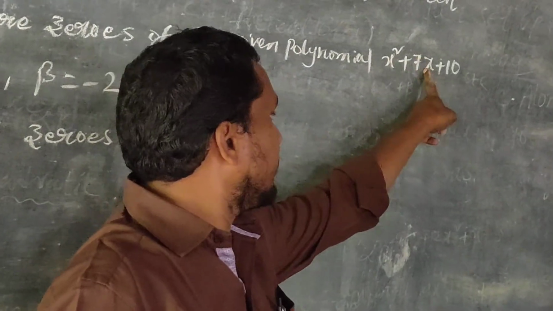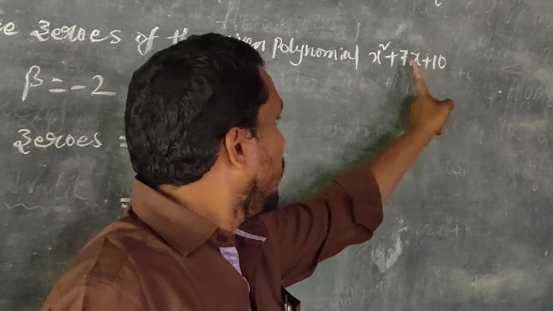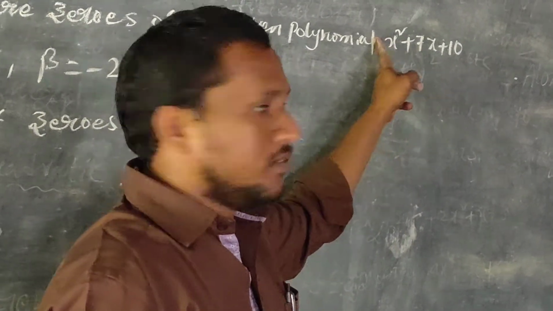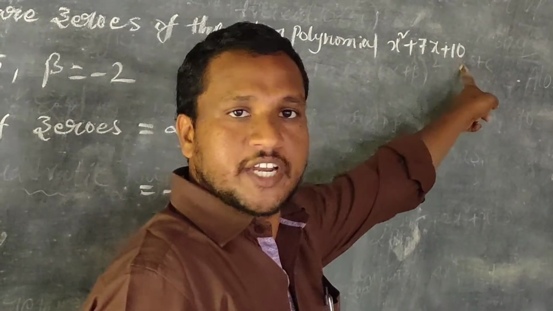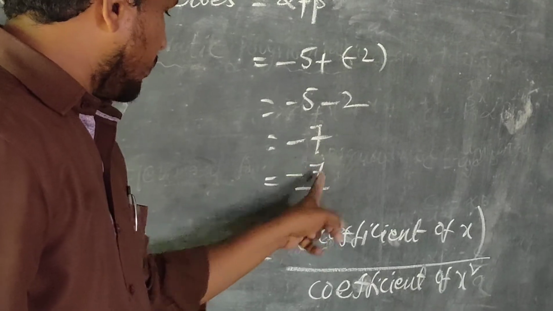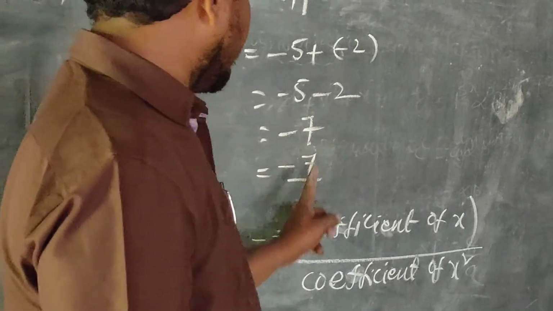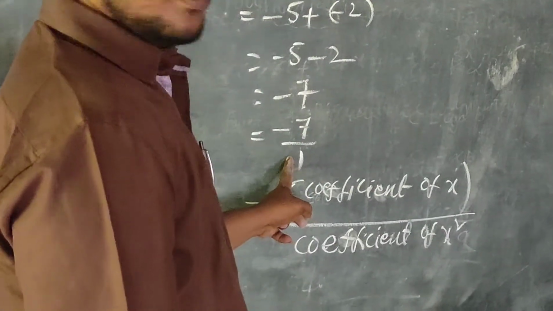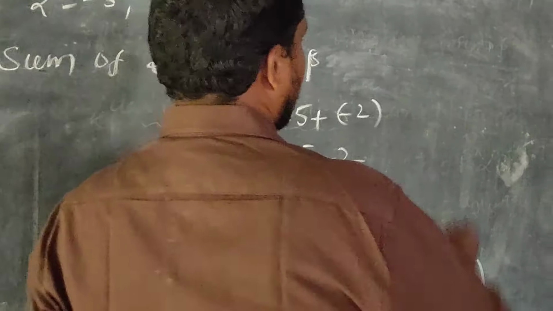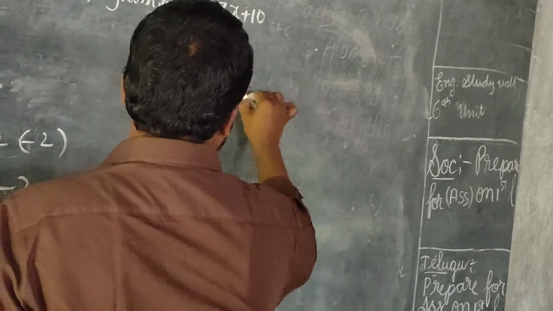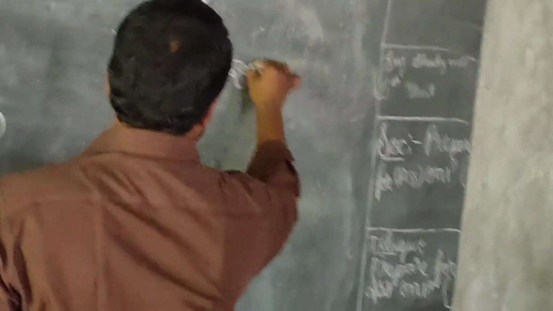Here x square plus 7x plus 10 is the given polynomial: the coefficient of x square is 1, the coefficient of x is 7, and the constant term is 10. So minus 7 by 1 is minus the coefficient of x by the coefficient of x square, which verifies the relation. Next is the product of zeros. What is the formula?